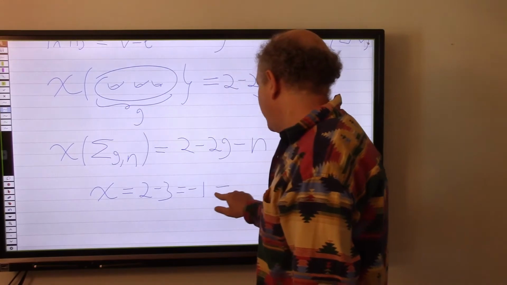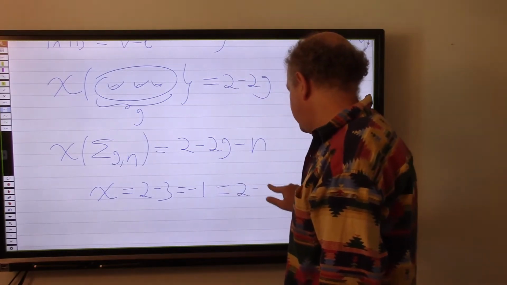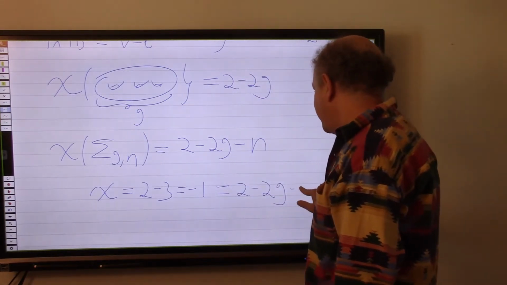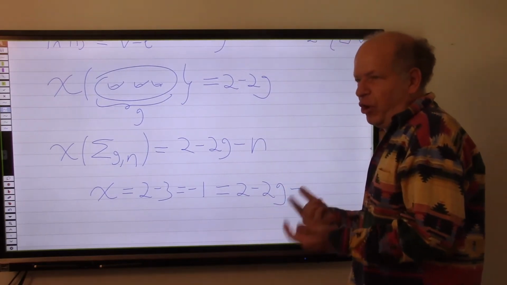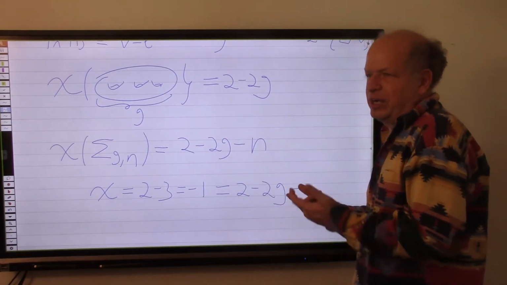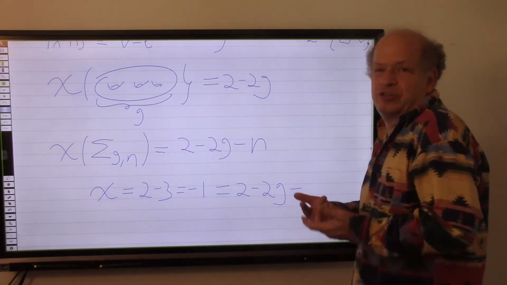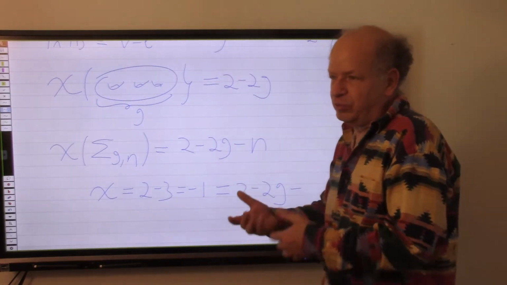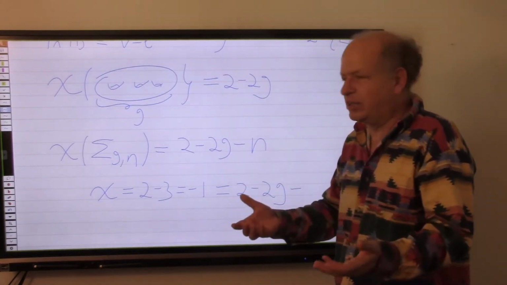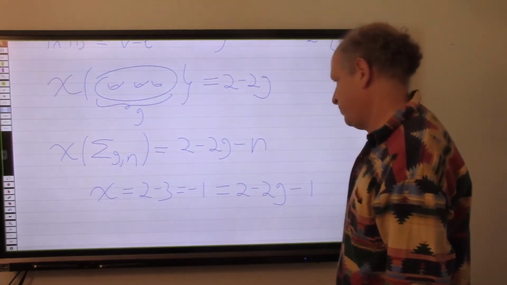And I want to write it as 2 minus 2g minus the number of holes, or punctures. Well, it's the number of boundary components. Since we started from a knot, the knot is just one component. Had it been a link, it would be several components, but the knot is one component, so this is 1.